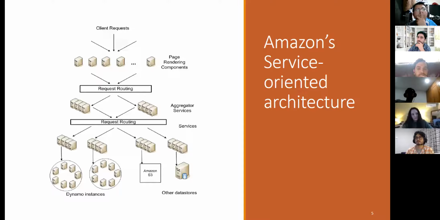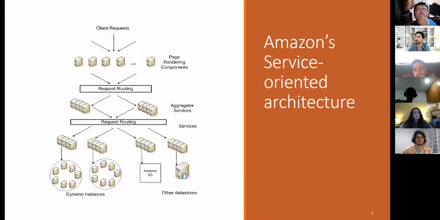In the architecture of Dynamo, a page request to one of these sites typically requires a rendering engine to construct its response by sending requests to more than 150 services. In this figure, we have an abstract view of this architecture.